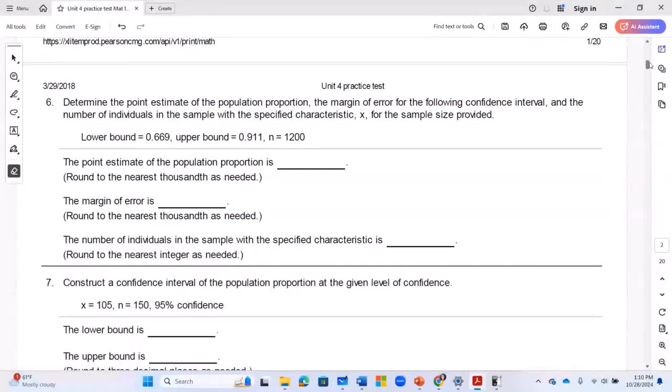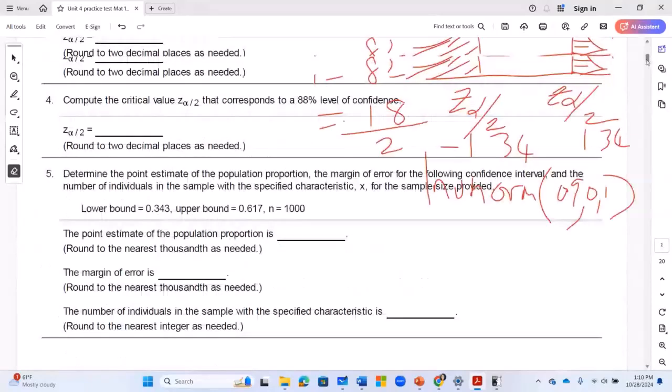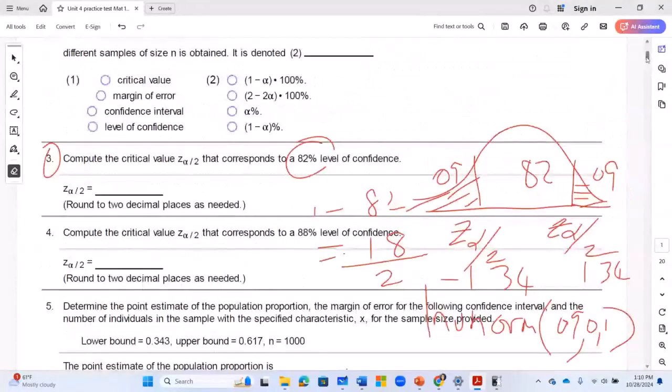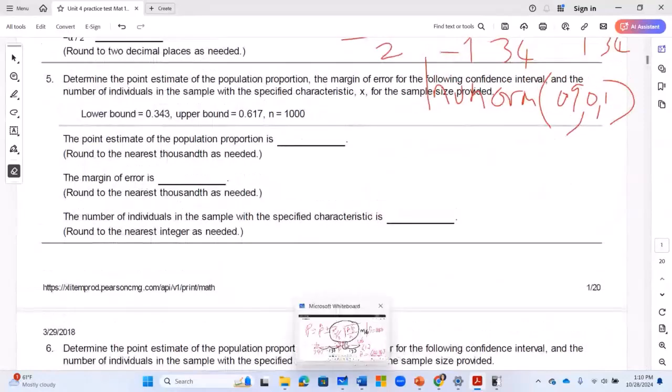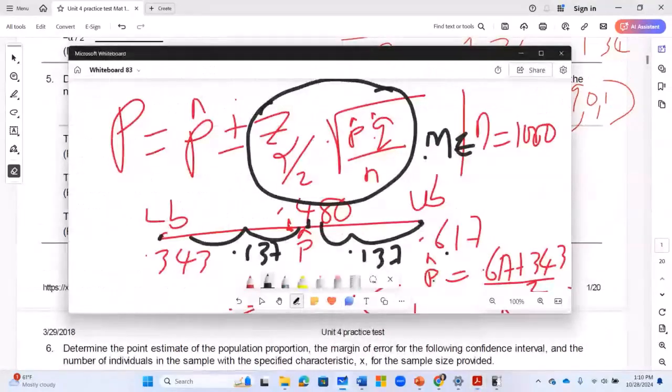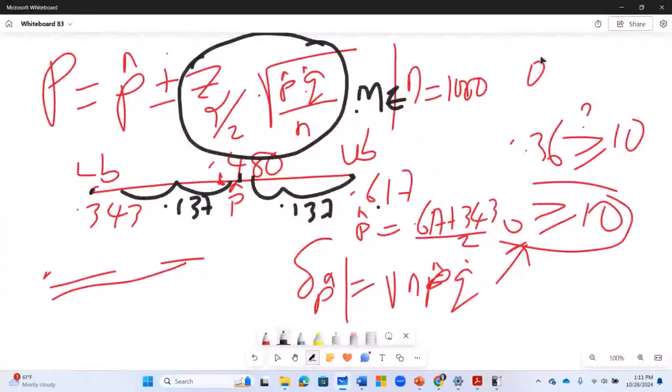One thing we do know is that p hat is always equal to the number of successes over n.